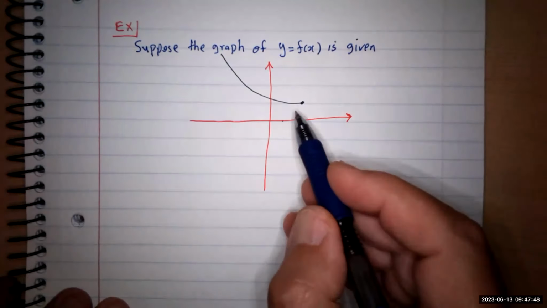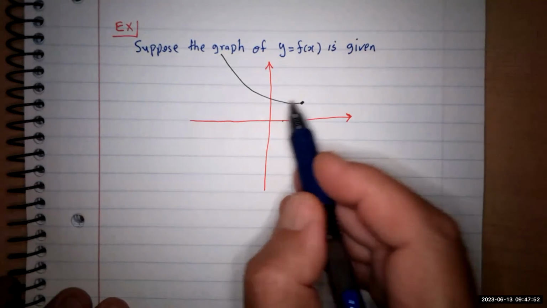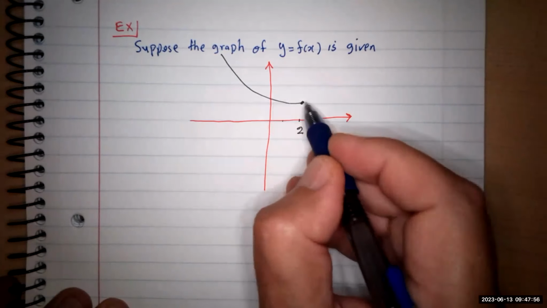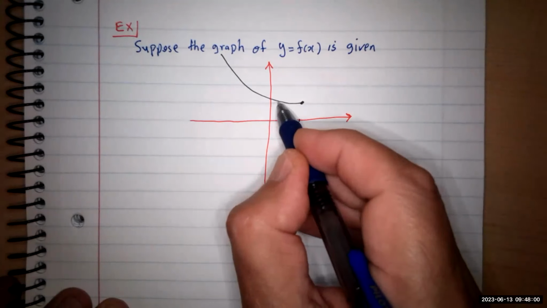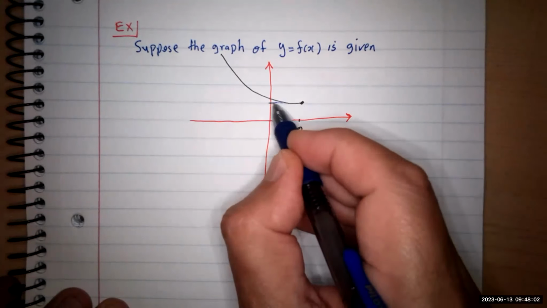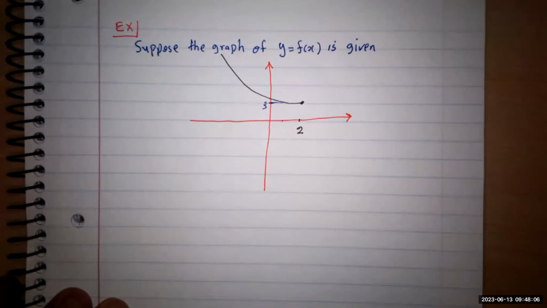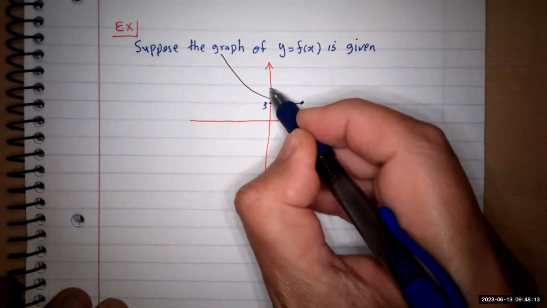Okay, so this number is equal to 3, for example. Okay, that's 1. And then I pick something here.